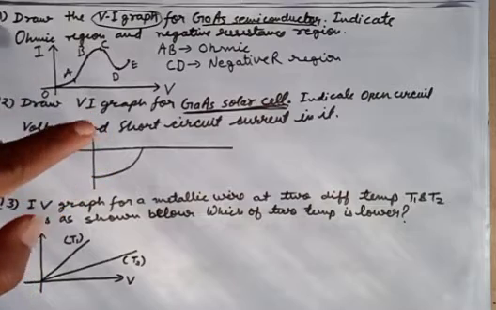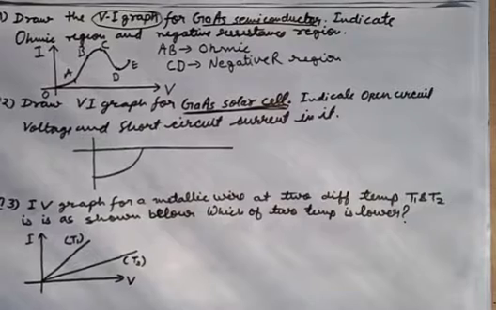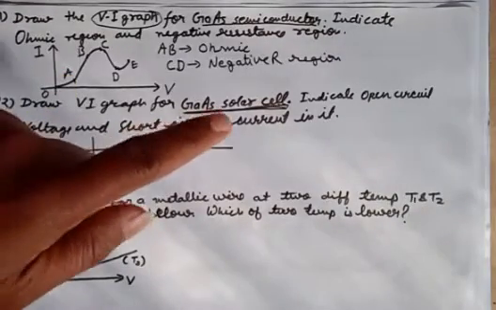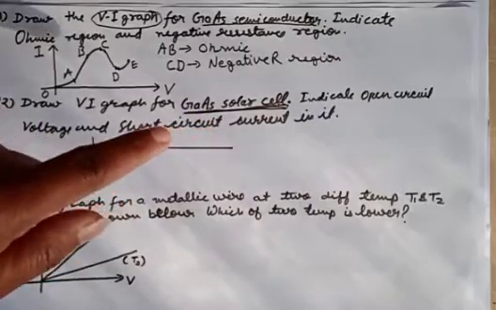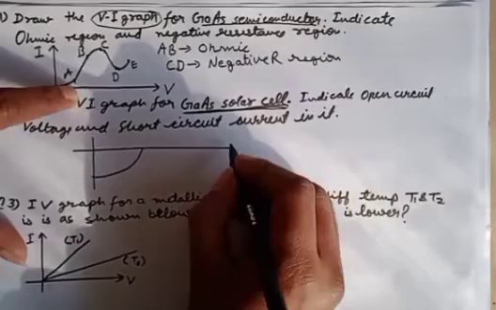So don't get confused: if gallium arsenide semiconductor is asked, it doesn't mean they are talking about some kind of PN diode or solar cell. At that time it is just a semiconductor, maybe P type, maybe N type, maybe intrinsic. So at that time, this is the graph. Remember this. Until or unless they ask for a solar cell or gallium arsenide diode, you need not draw anything else.